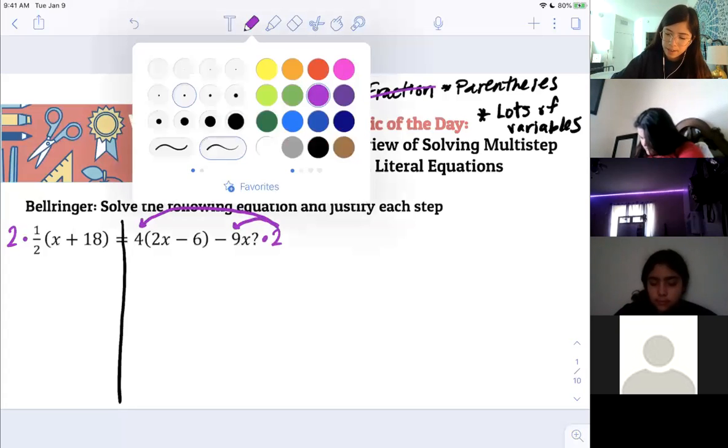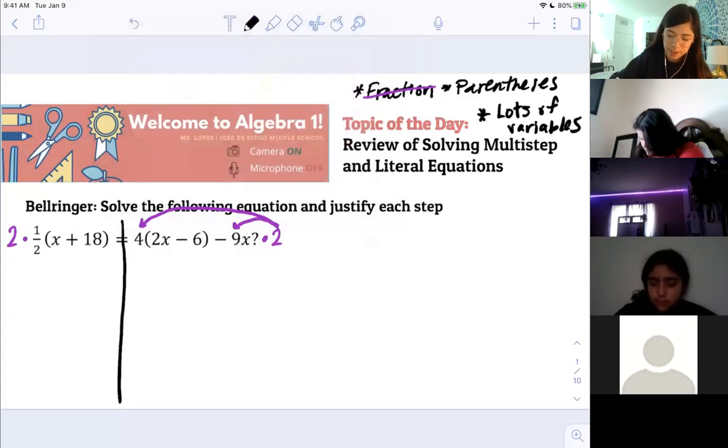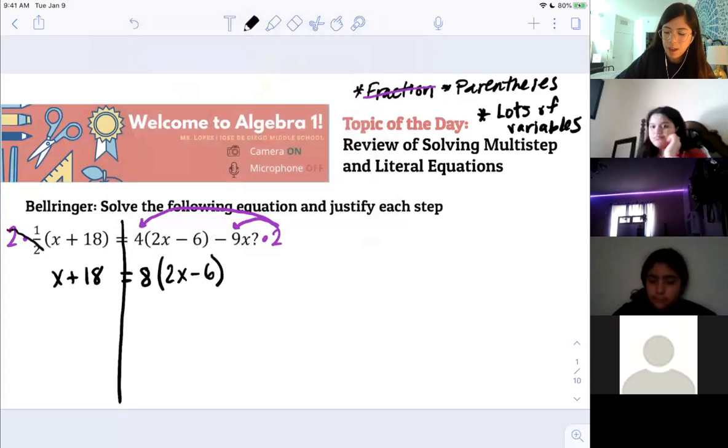On my left side, my fraction cancels out. So I'm just left with x plus 18. And like I said, we're only doing 2 times 4, which is 8. Everything inside stays the same. And then I'm doing 2 times negative 9x, which is negative 18x.